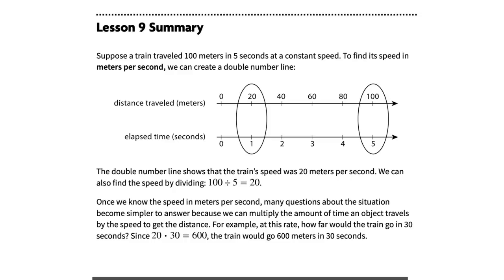So wrapping up our lesson, really it's that power of the double number line, that appreciating the unit rate right here, where in this case we're talking about meters per second. We've been talking about that. How far can you go in 1 second? And thinking about that giant cosmic leap. How do you go from 20 down to 1?